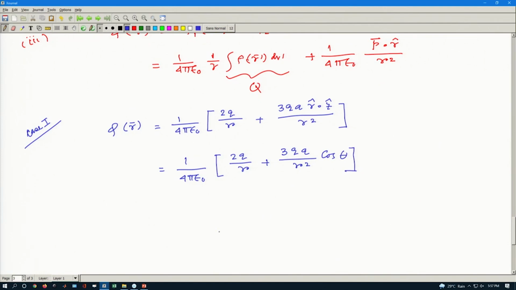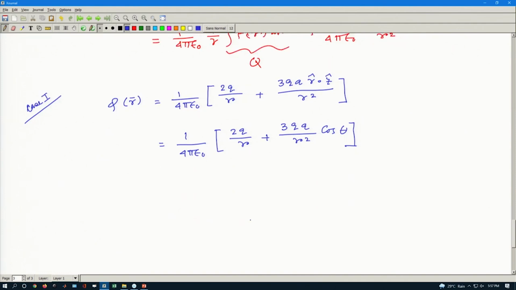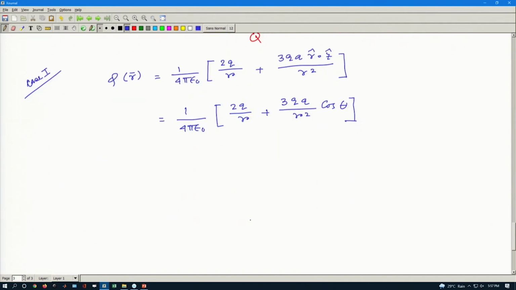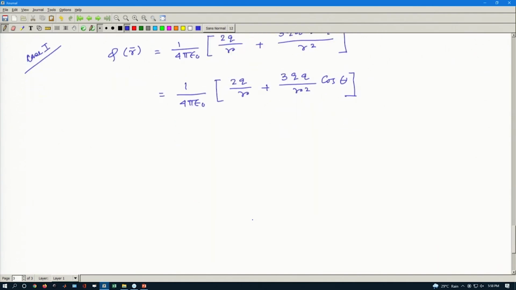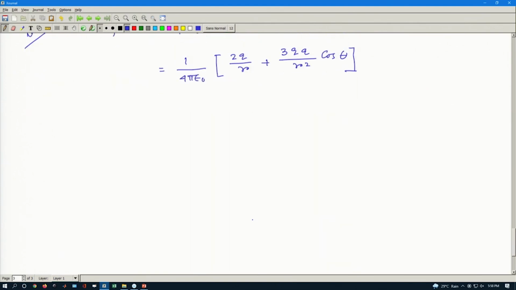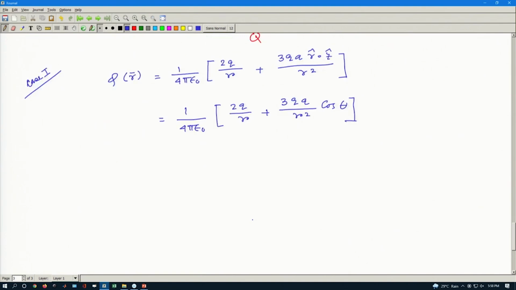Now, again I am not going to do the calculation for case 2, because in case 2 it will be similar, but you should be careful in calculating, because of the direction of the dipole; you should be careful to find out this r. For example, let me write down the r here.